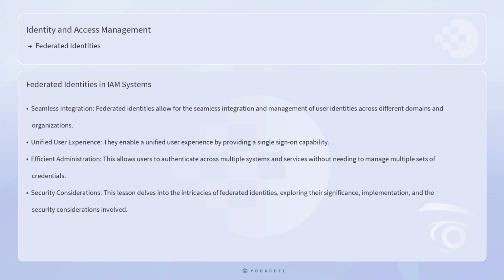The essence of federated identities is to enable a unified user experience and efficient administration by providing a single sign-on capability. This allows users to authenticate across multiple systems and services without needing to manage multiple sets of credentials. This lesson delves into the intricacies of federated identities, exploring their significance, implementation, and the security considerations involved.